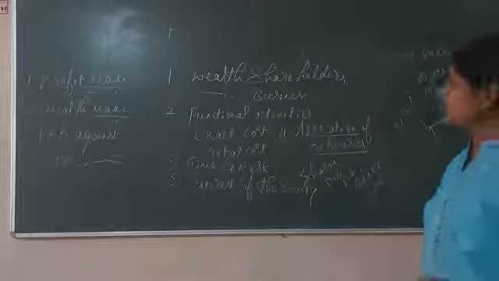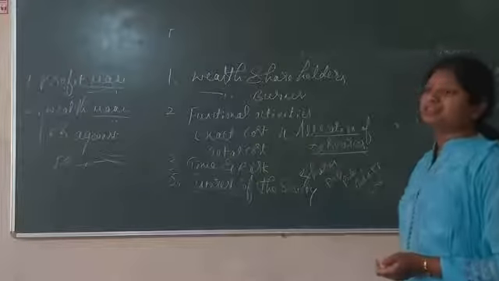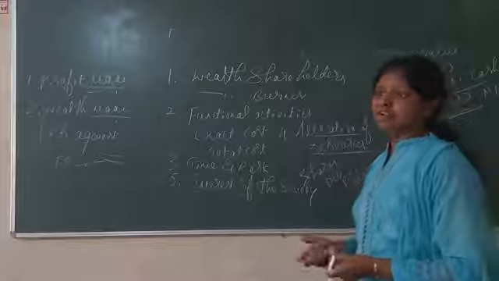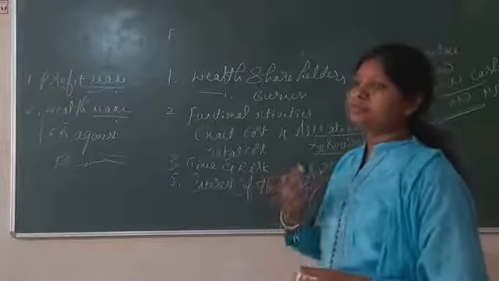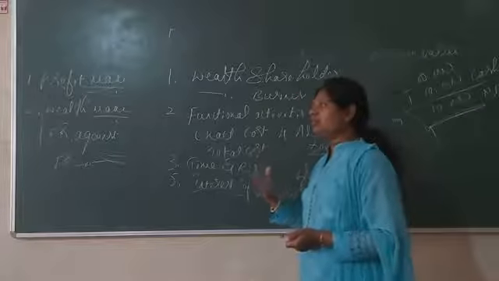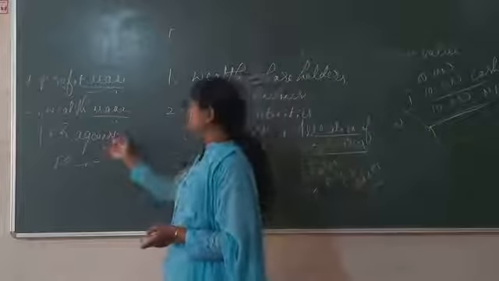Why? Because wealth maximization takes into consideration the societal people's interest as well as the financial institutions and the public's interest, since it gives concentration towards the wealth of the shareholders.